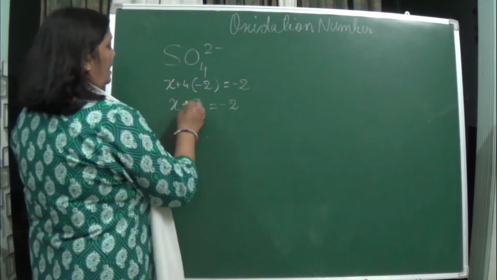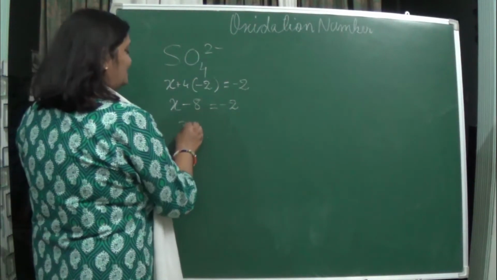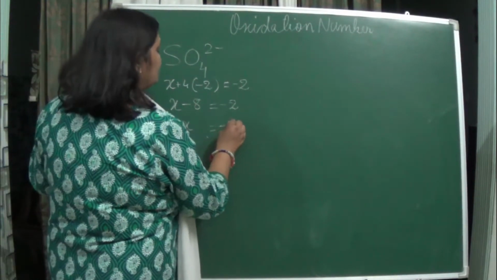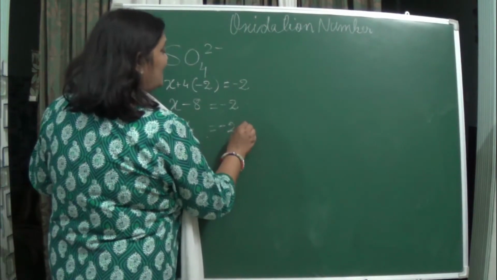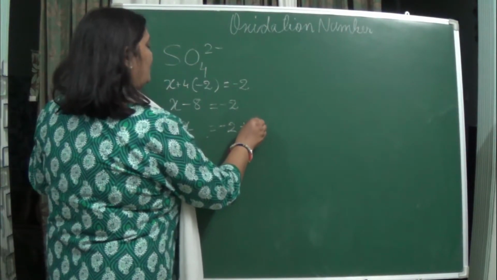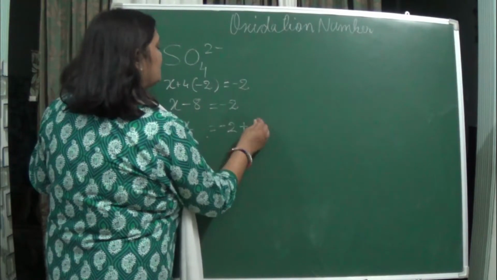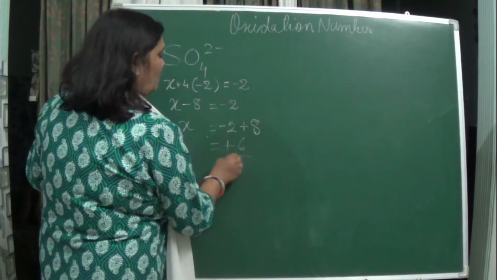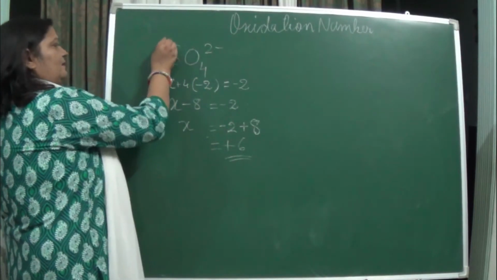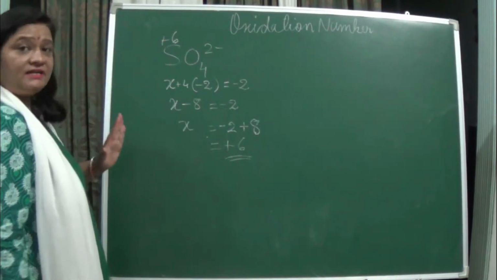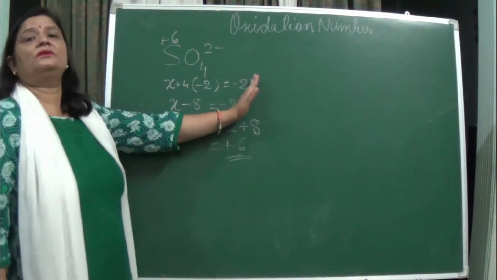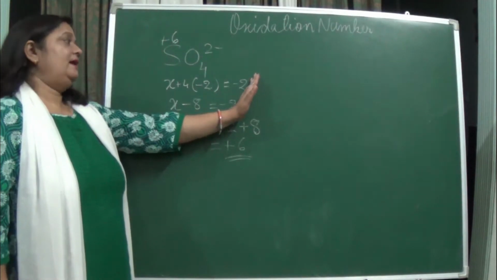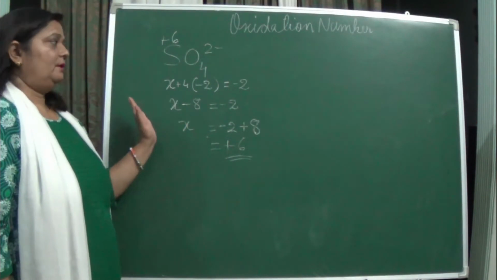Now x is equal to minus 2 plus 8, so it becomes plus 6, the oxidation state. If the charge is given, you have to write the charge on the right hand side, and then solve it.